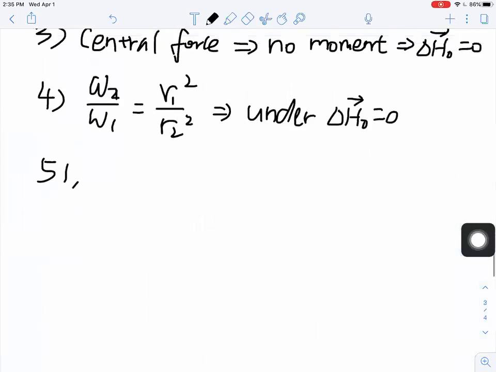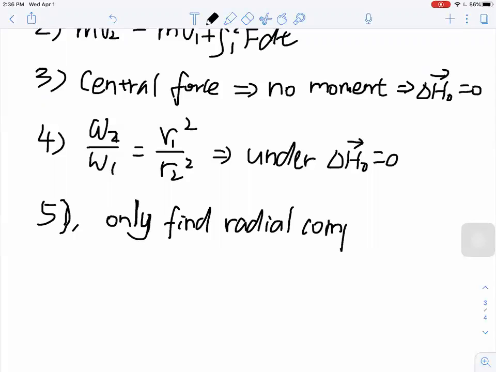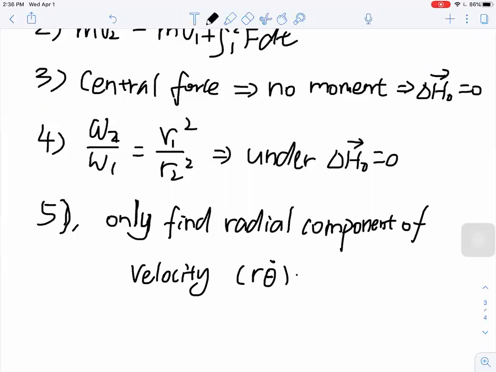If you use the angular momentum equation, you only find information about the velocity component r theta dot in the e theta direction.